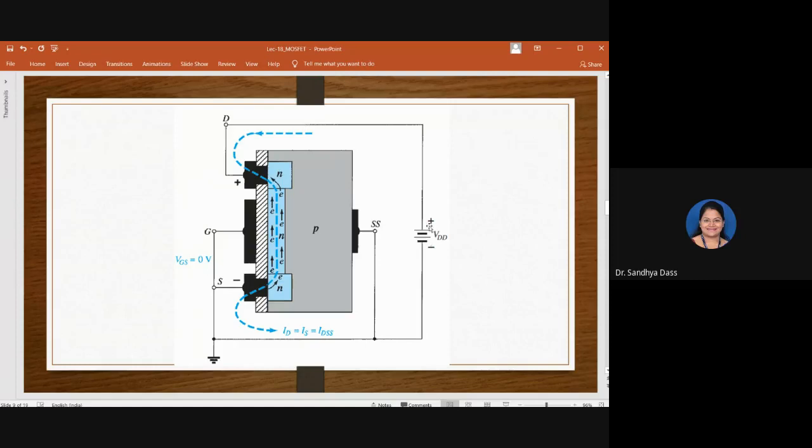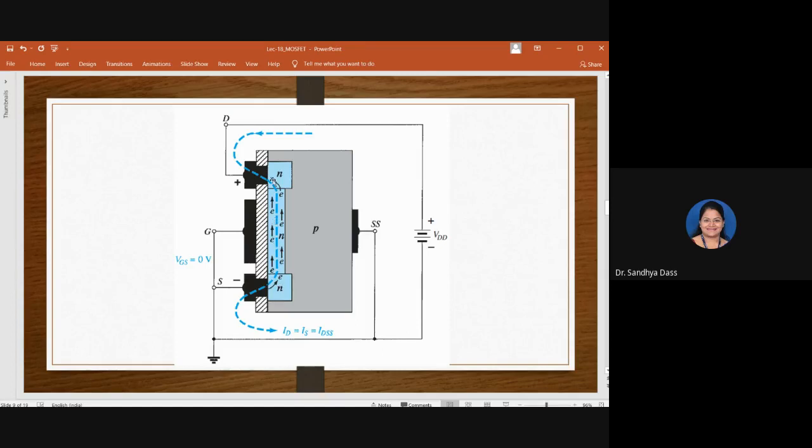So when you are varying VDD or VDS, what happens? The drain, the lead at the N-type material, is positive, at a positive potential compared to the gate terminal. So the majority carriers in the N-type material, the electrons, get attracted. There is a flow of electrons towards the drain terminal.